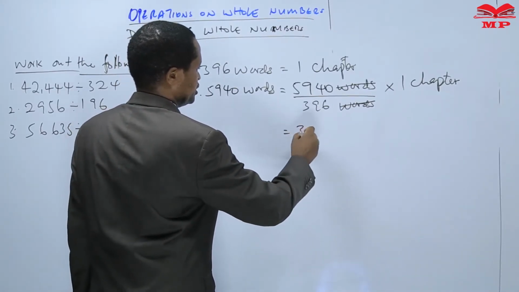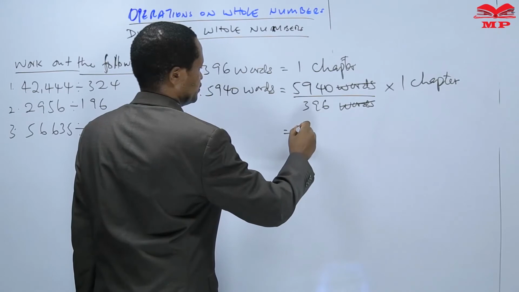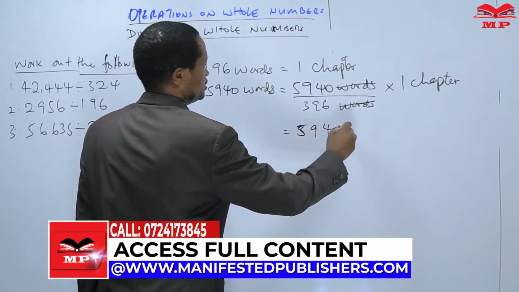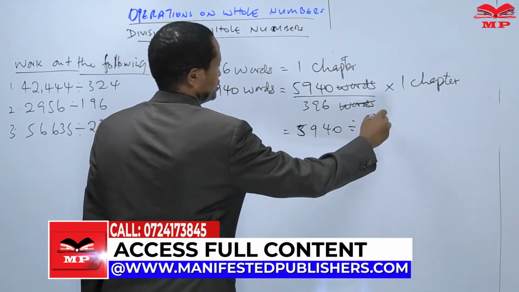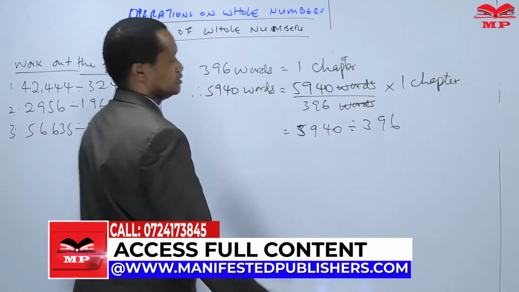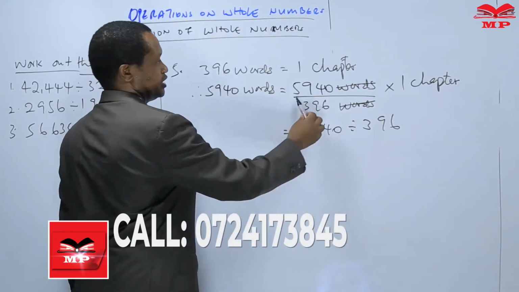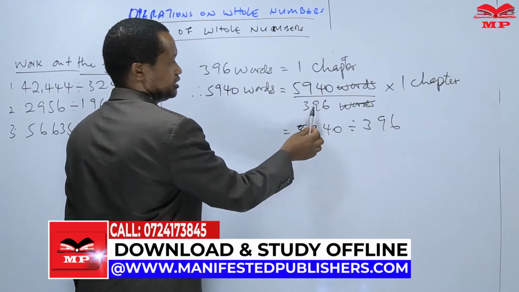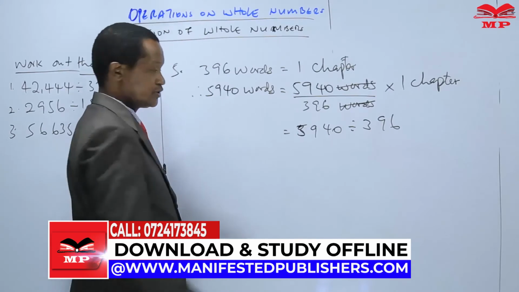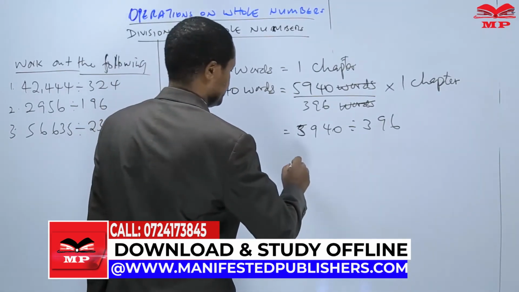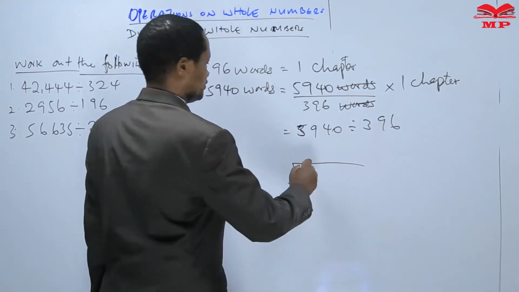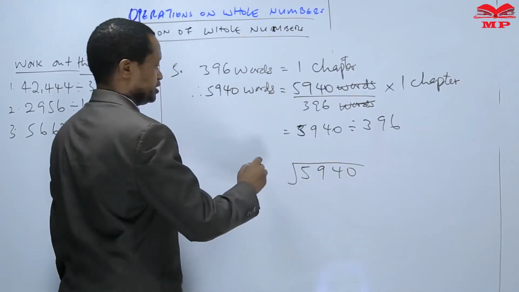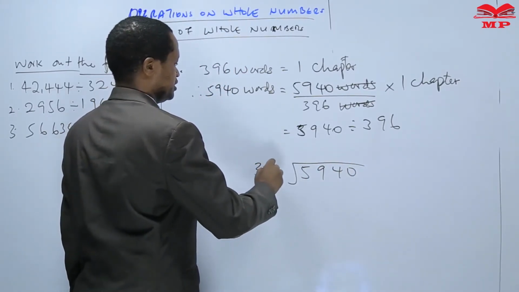When you have a line here, it means you are dividing the numerator by the denominator. So let's divide here. We have 5,940 divided by 396.